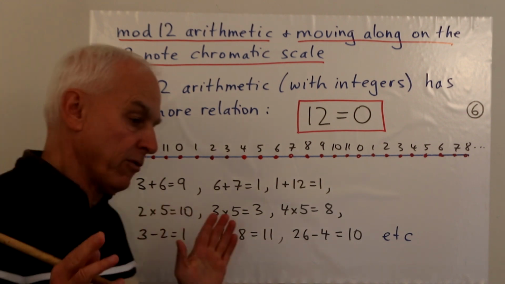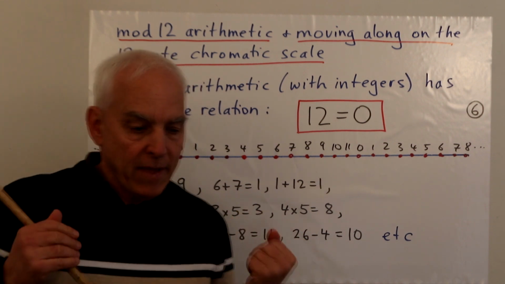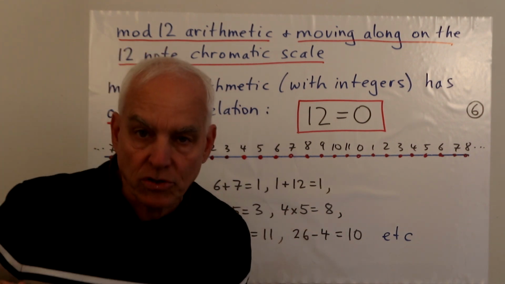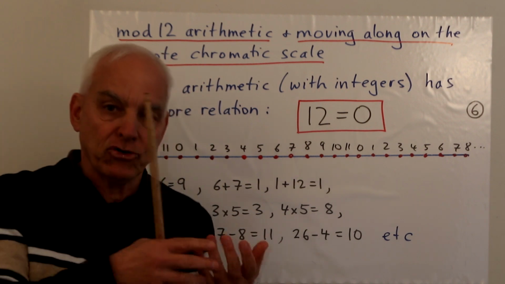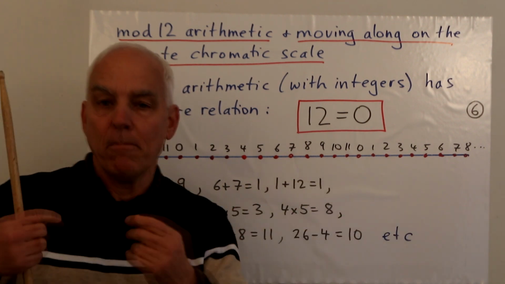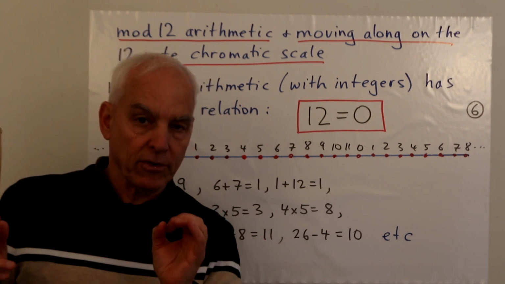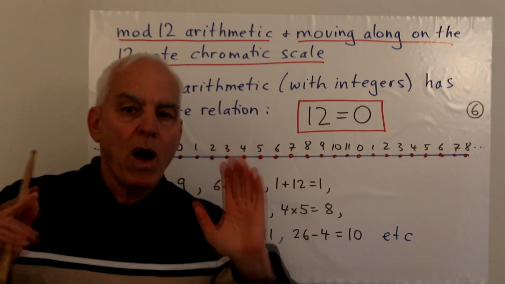So what is mod 12 arithmetic? Well, in a single sentence, it's simply arithmetic with ordinary integers, that is, natural numbers and their negatives, like 2, 3, 7, 49, minus 12, minus 79, and so on, including 0, but with one additional rule.